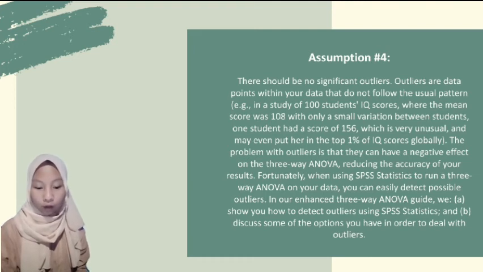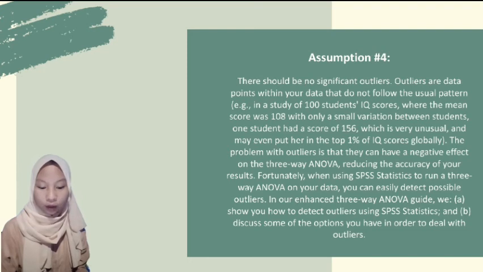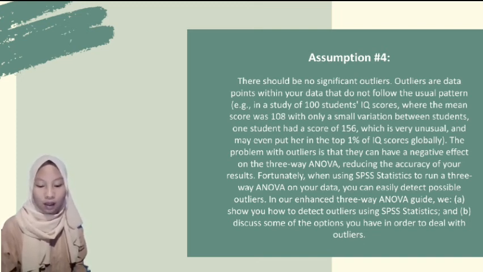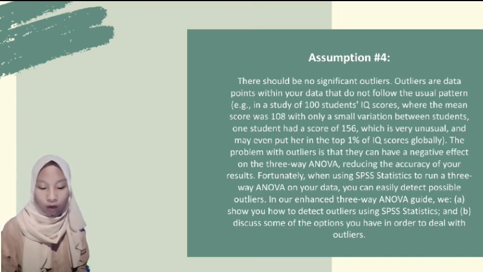The problem with outliers is that they can have a negative effect on the three-way ANOVA, reducing the accuracy of your results. Fortunately, when using SPSS Statistics to run a three-way ANOVA on your data, you can easily detect possible outliers. In our enhanced three-way ANOVA guide, we: A. show you how to detect outliers using SPSS Statistics; and B. discuss some of the options you have in order to deal with outliers.